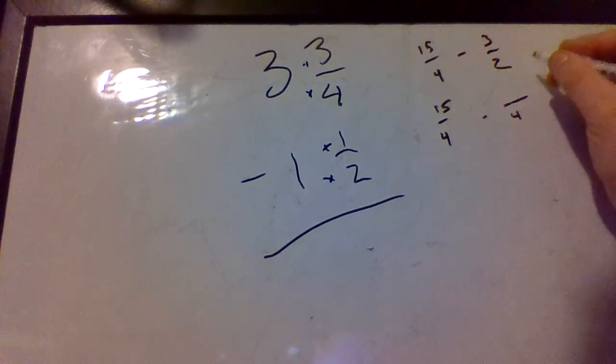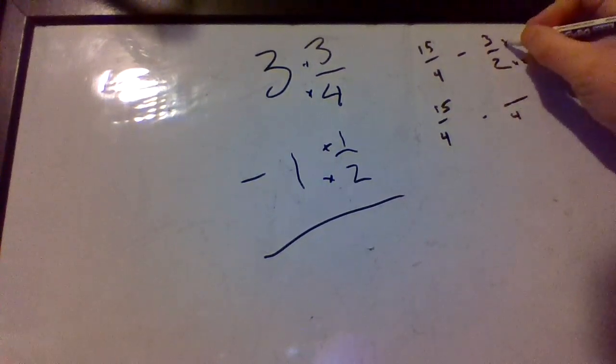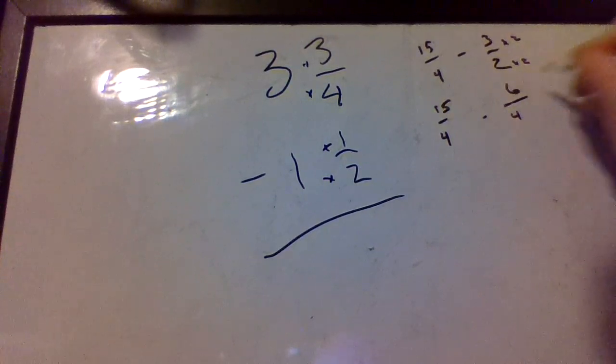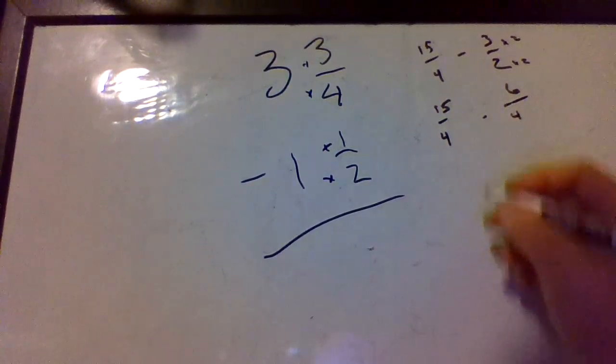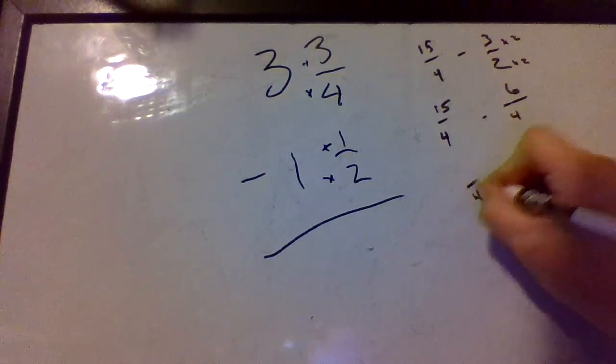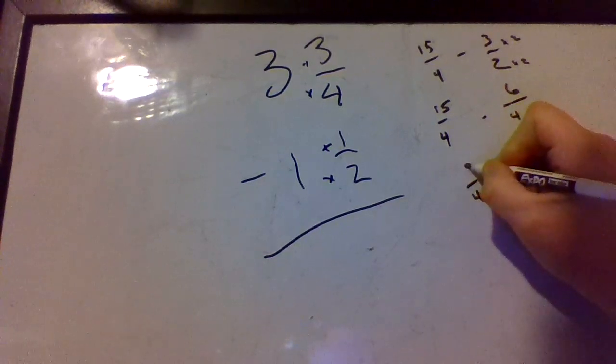So 2 times 2 is 4, which is our common denominator. So 3 times 2 is 6. Now, we keep the denominator, which is 4, and we subtract 15 minus 6 is 9.